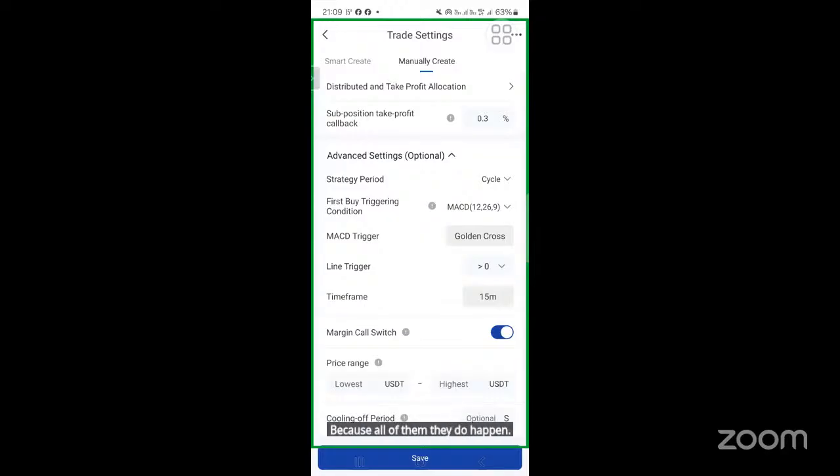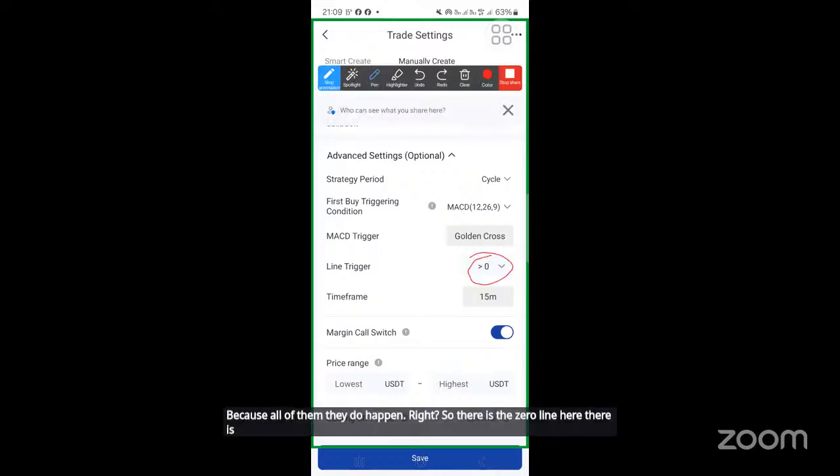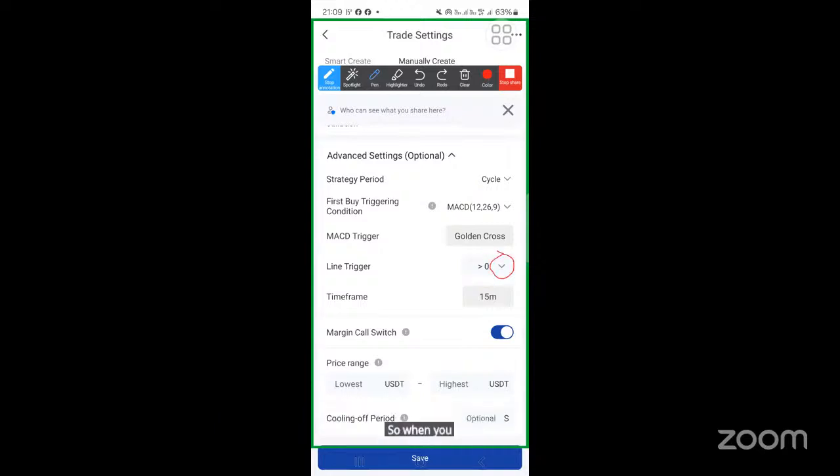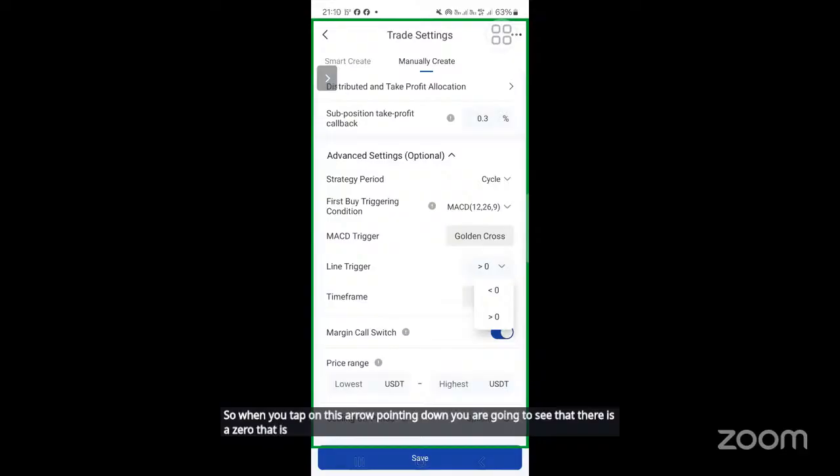So there is the zero line here. There is a zero line here. Can you see? RoyoQ is giving us 0. So when you tap on this arrow pointing down, you are going to see that there is a 0 showing above, and there is a 0 showing below.